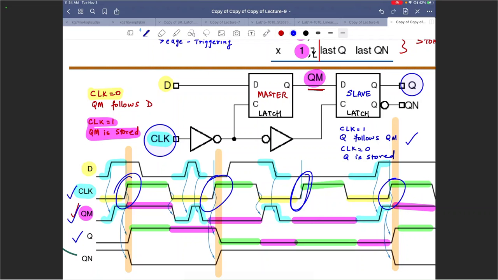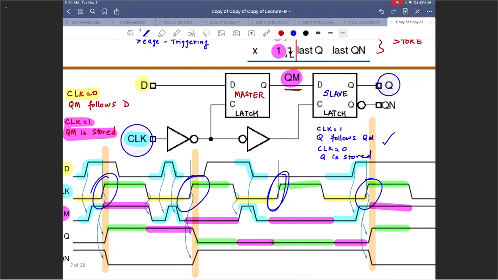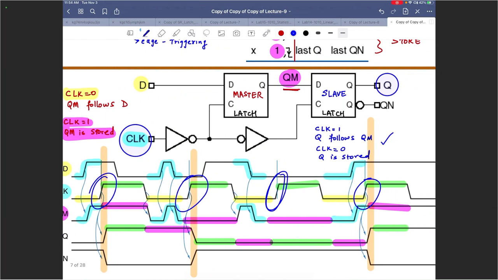Will Q stay unchanged? Yeah, Q will stay unchanged. Yep, you're right. Absolutely right. No change. Because when clock is 1, Q follows QM, but QM itself is not changing, right?